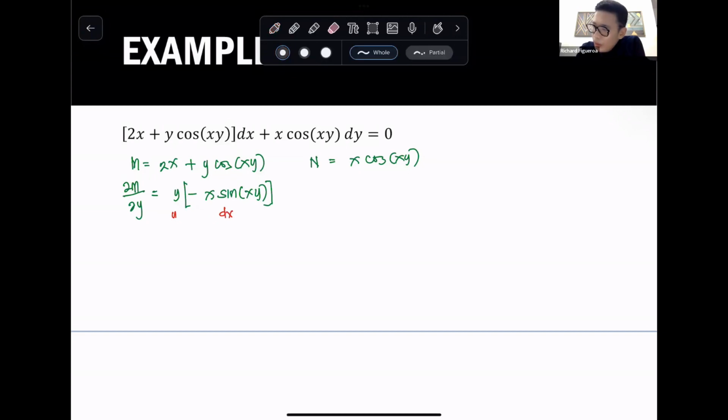So, kulang pa natin yan will be plus v du. So ang v natin is cosine xy, so v, ang du natin, derivative of y, that will be 1.